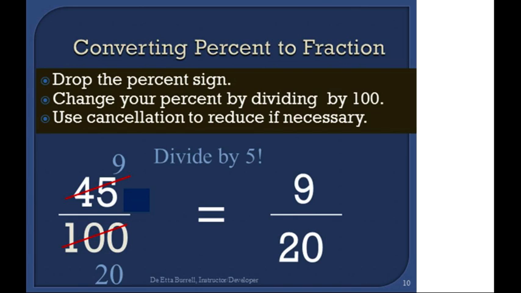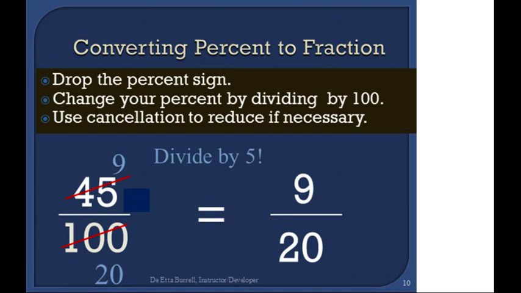Now, what do I do when I have 45 over 100? Can I leave my fraction as 45 over 100? I need to simplify it, don't I? What can I reduce 45 and 100 by? What factor goes into both of them evenly? 5.